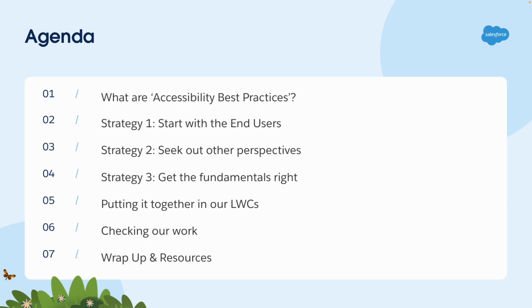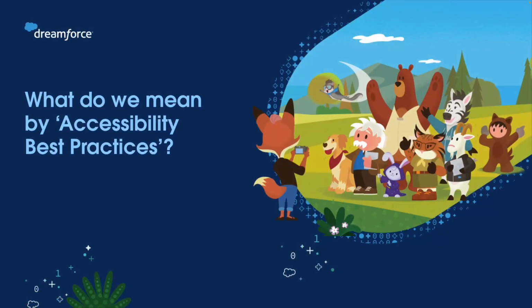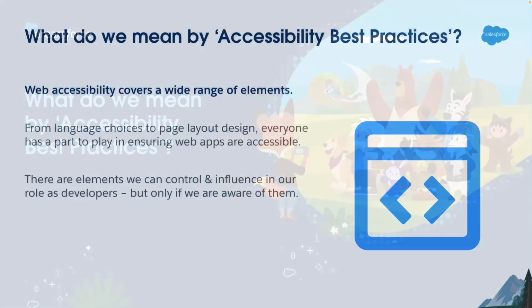Then we're going to look at 3 different strategies for how we can have accessibility best practices. We're going to look at putting it together in LWCs, how we can check our work, and wrap up with some resources.